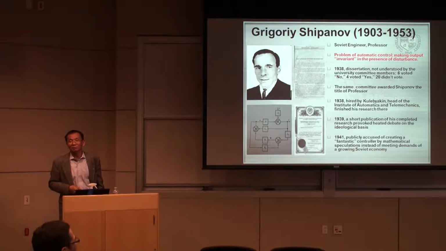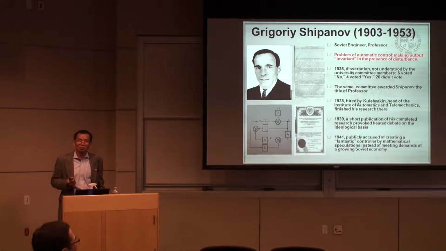Nobody understood it, and he didn't get his PhD, but he got an appointment as a professor because he was so brilliant. And in 1939, he wrote a shortened, easier to understand paper. This time, everybody understood. And this time, he got into trouble.